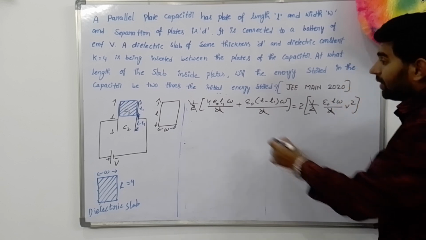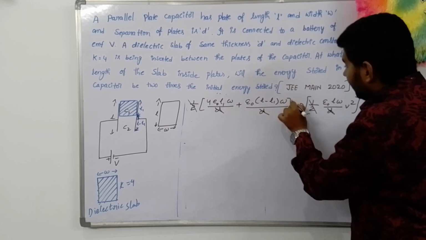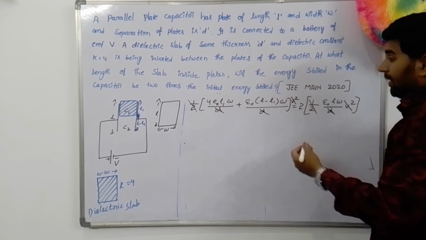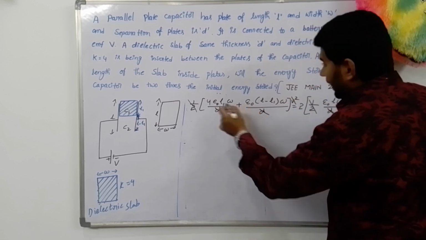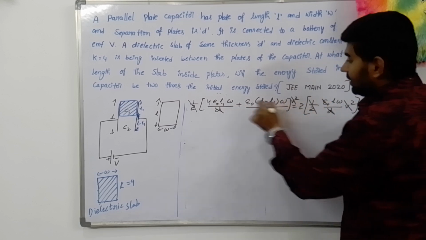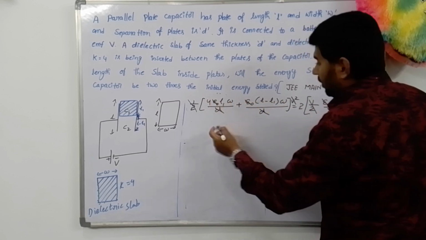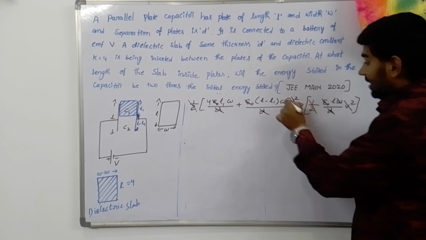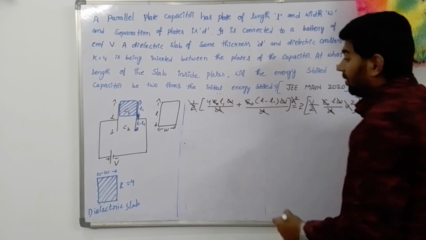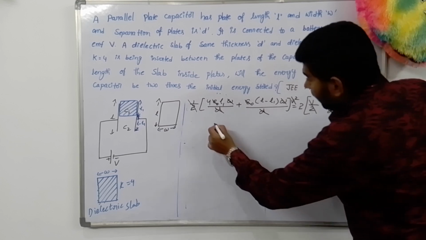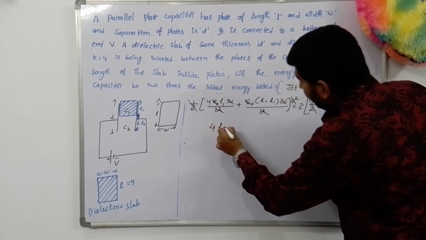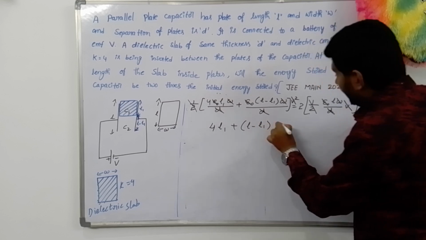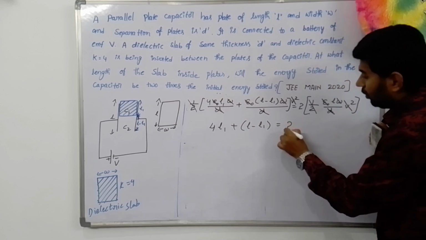V square is on both sides, so V square cancelled, and epsilon naught is also common in both cases, so epsilon naught cancelled, and the width is also the same, so I will cancel W. Remaining what I got here is 4L1 plus L minus L1, that is equal to 2L.